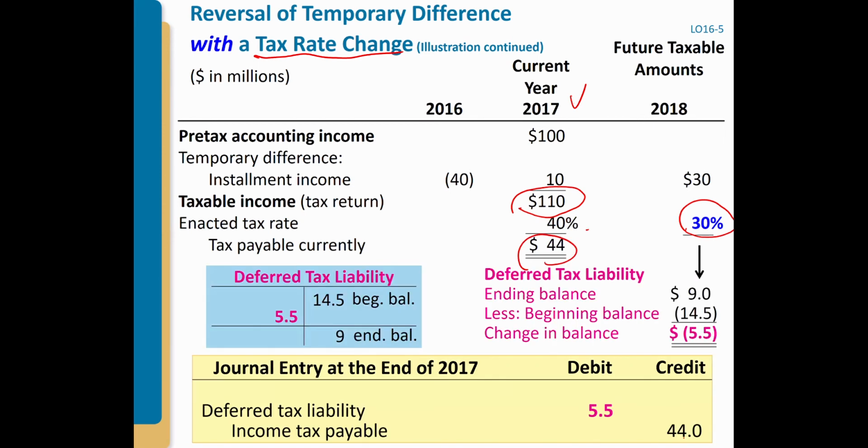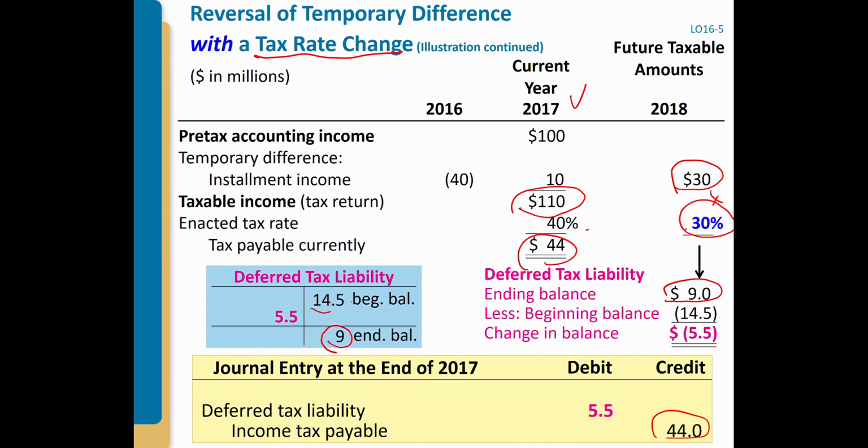But for the future taxable amount, it's 30. So our tax obligation should be 30 times 30%. That's how we get 9. So this deferred tax liability should have a balance of 9.